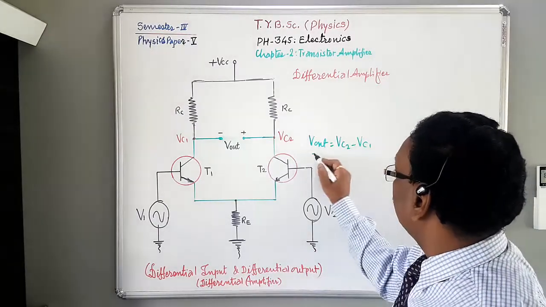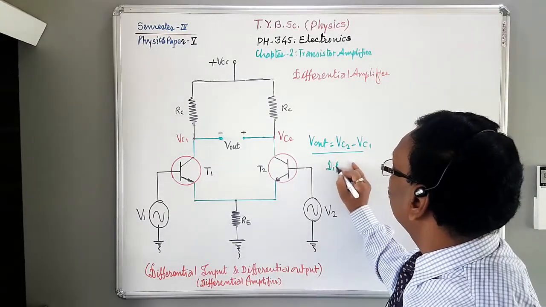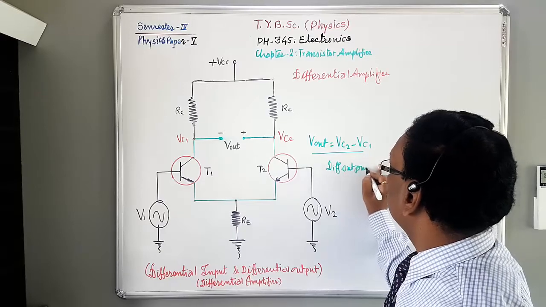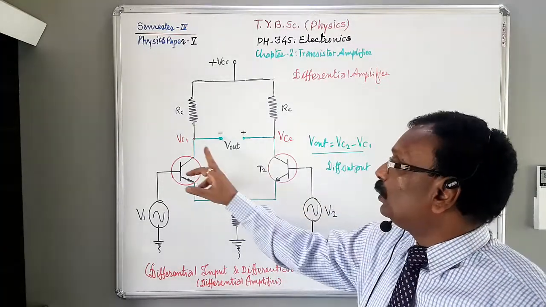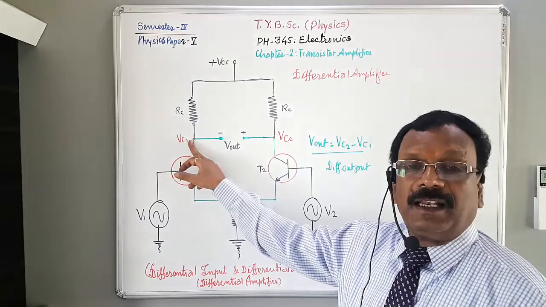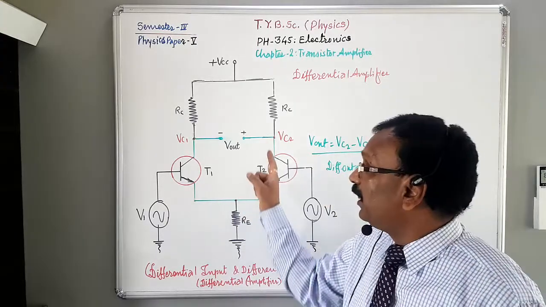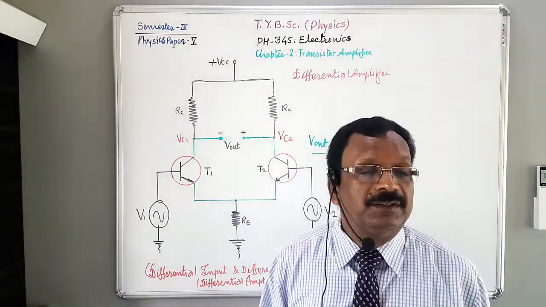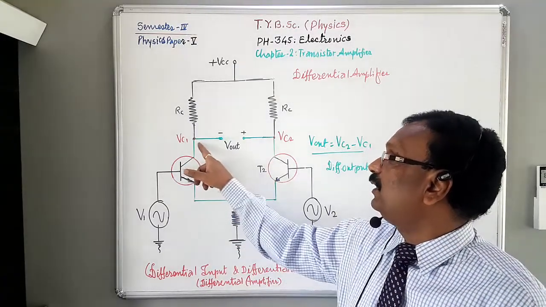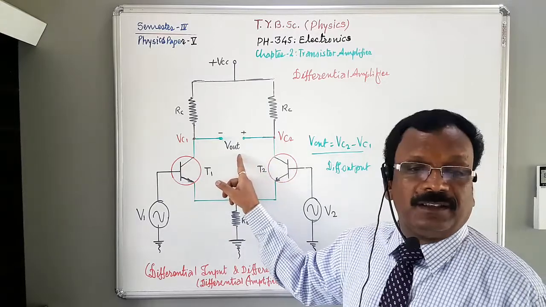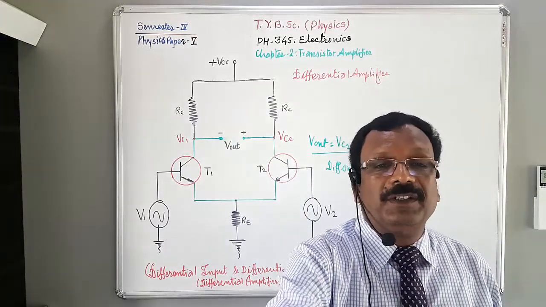This is called differential output, because it combines two AC collector voltages into one voltage, that is V out, and that equals the difference of the collector voltages. V out is the difference of VC1 and VC2.